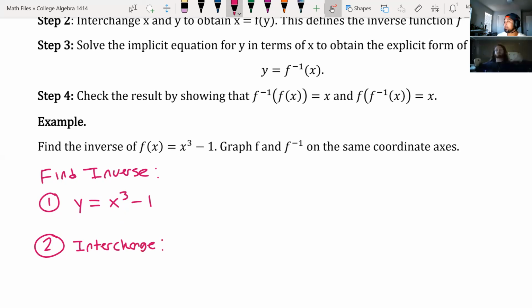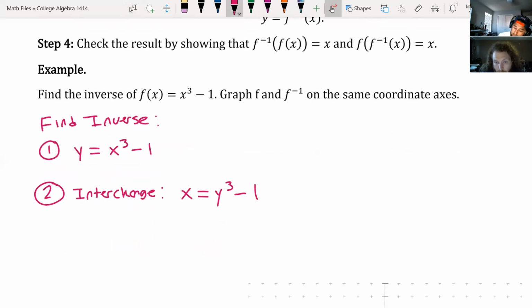So this means that I now write the equation as x equals y cubed minus 1. So we interchange the roles of x and y. And then step 3, we solve for y.